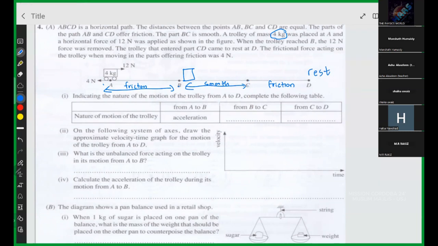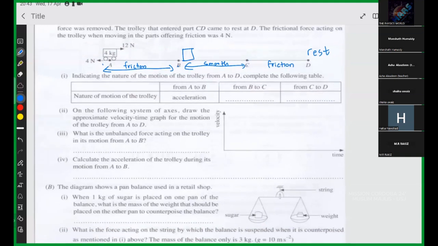Now they are asking us to describe the path from A to B, from B to C, and then from C to D. So A to B, it is going with an external force, an unbalanced force acting. So you can directly say it's acceleration. They have given that also. Here, is there any unbalanced force? No unbalanced force. The 12 Newton force is also removed.